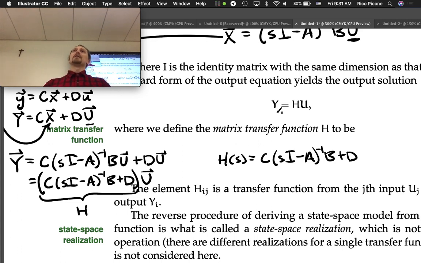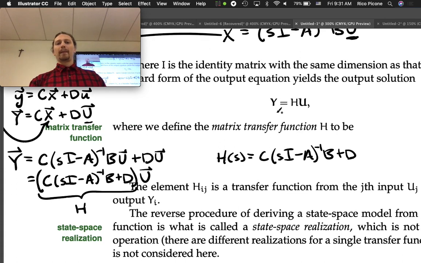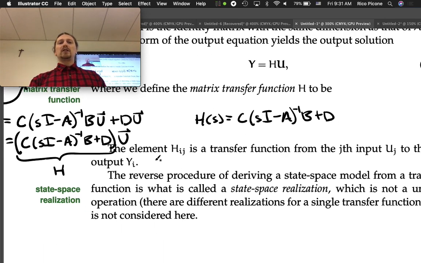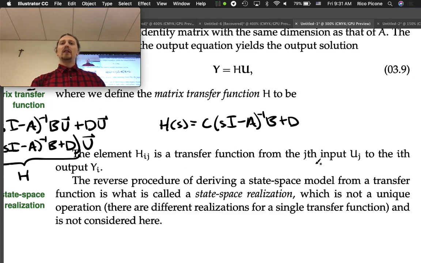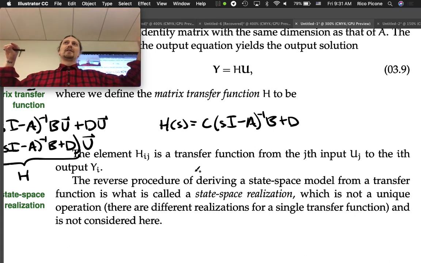So when you have a matrix case, it's just a matrix instead of a single scalar function. So the element Hij is a transfer function from the jth input, Uj, to the ith output, Yi. So we have a bunch of transfer functions packed into this matrix transfer function. Each input gets a transfer function to each output. Okay?